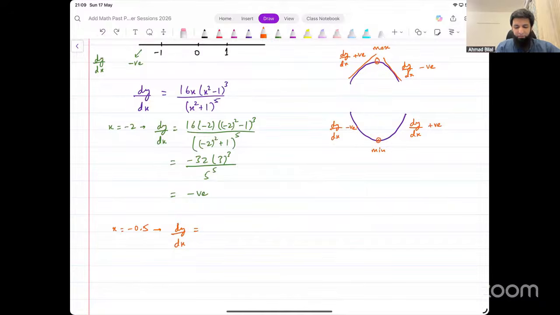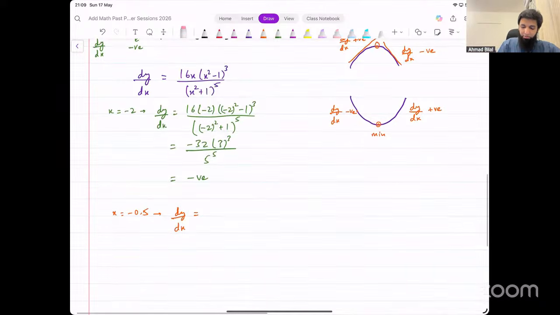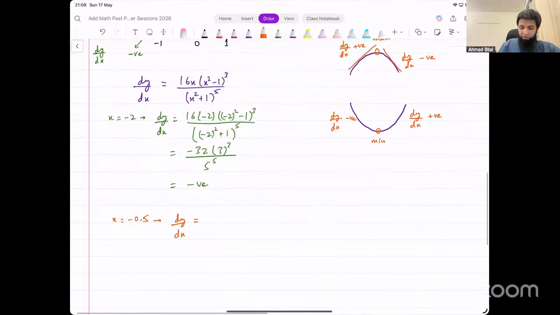In fact, if you think about it, the denominator is always going to be positive, because the denominator has a square and then there's +1. So it is always positive, raised to power anything. It's only about the numerator, whether that is going to be positive or not.